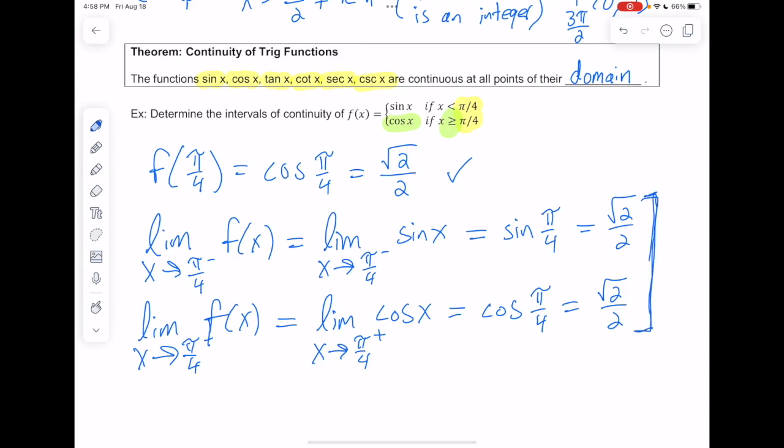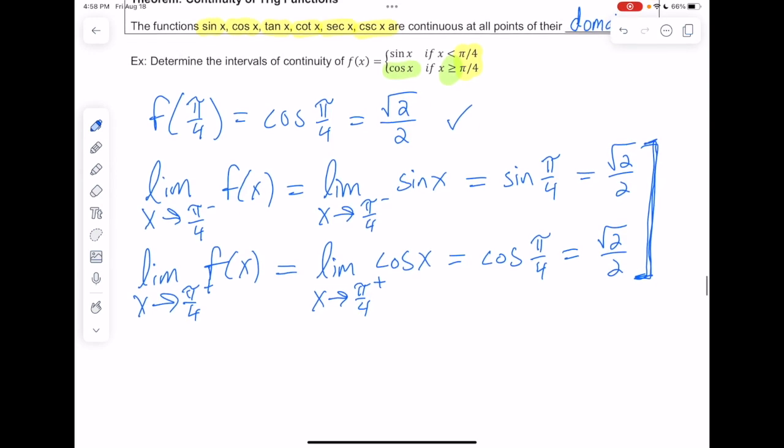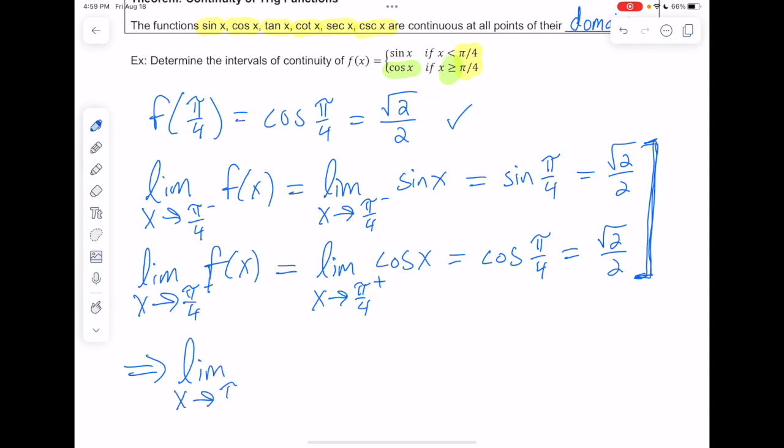That's really crucial. So if the two are the same, that means the overall limit exists. So we now know that the limit as x approaches pi over 4 from either side always ends up being root 2 over 2, but we also know that that was the value of the function because we checked that at the first step. So the limit is equal to root 2 over 2, so is the value of the function.